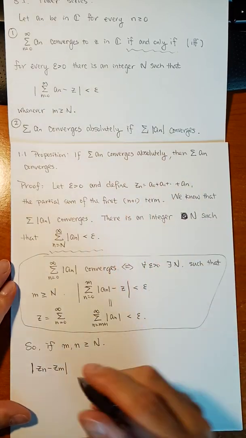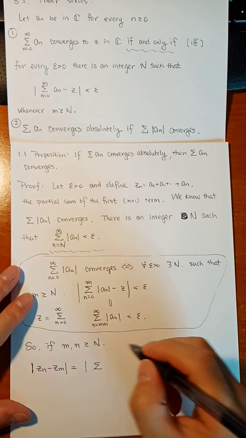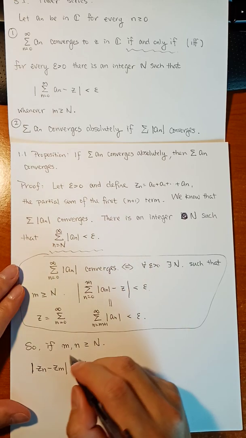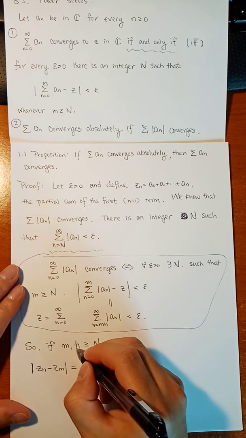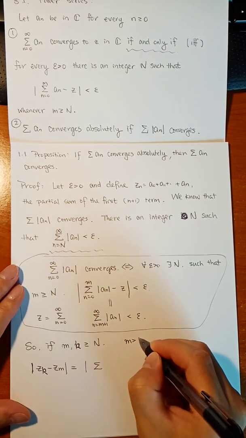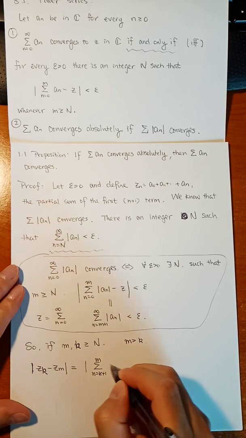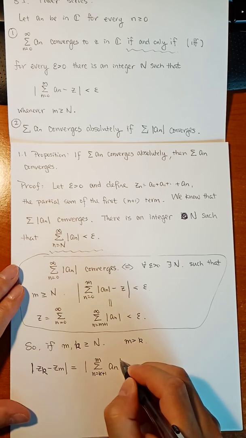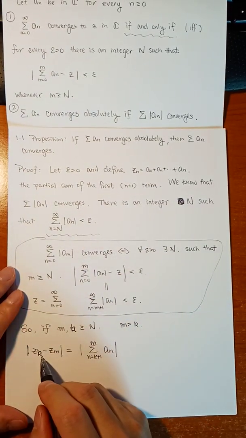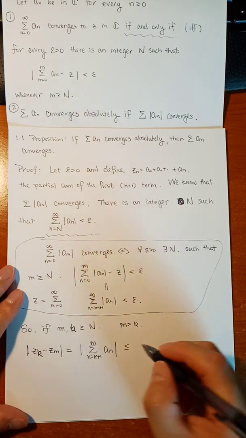The difference will be, let's change a letter, with m greater than k, the sum from n equals k plus 1 to m of a sub n. You just get the difference between the k plus 1 terms and the m plus 1 terms. And then we use the triangle inequality.